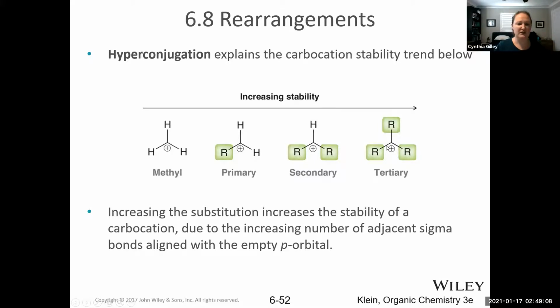And for structures that have less stable carbocations, for example, secondary carbocations, there's a driving force for those to rearrange to become tertiary carbocations because tertiary carbocations are more stable. Typically, methyl and primary carbocations are too unstable to form. They're too high in energy, so the activation energy to get to those intermediates is very high. As a result, they are less likely to form in a reaction mixture, so we don't draw those in mechanisms.